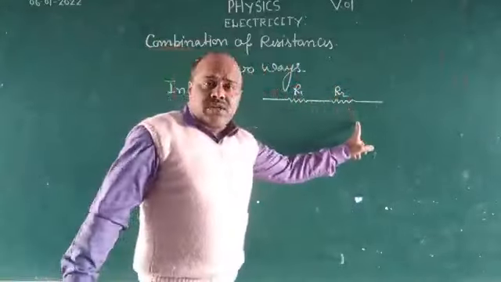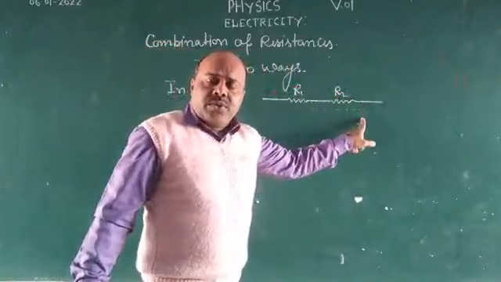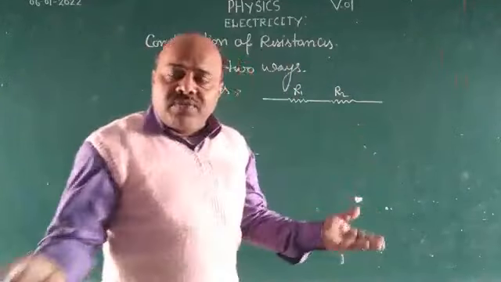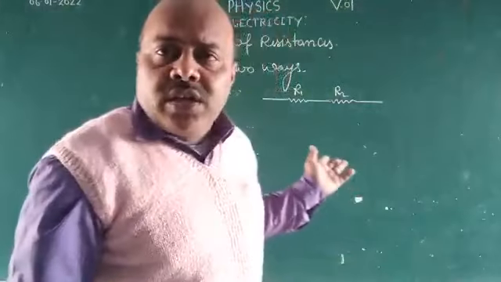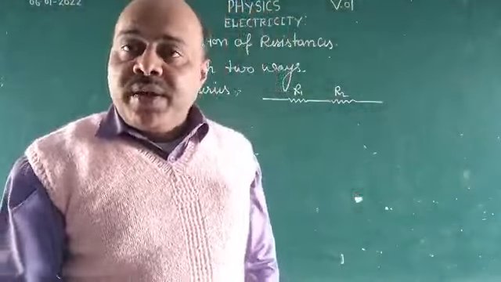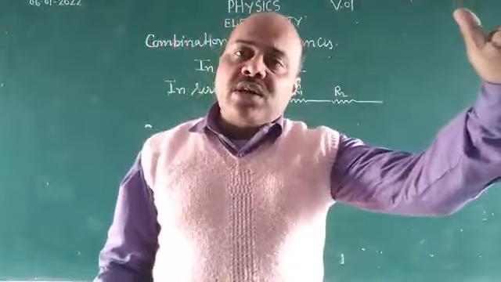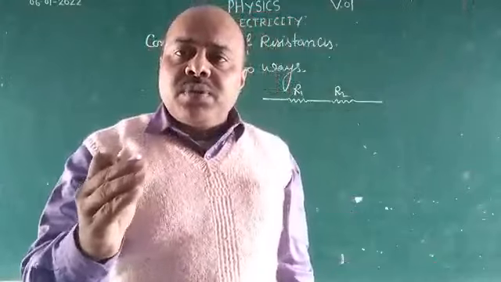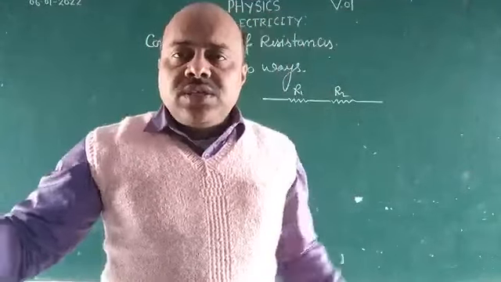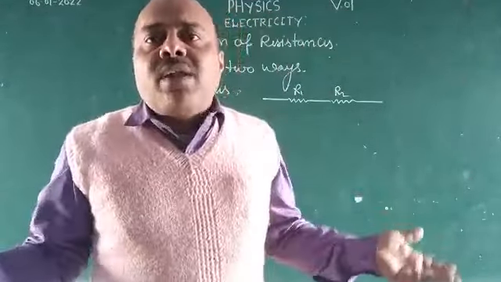But when the first ends of all the resistances are connected to one common point and the other ends are connected to another common point, then this type of arrangement is called parallel combination.